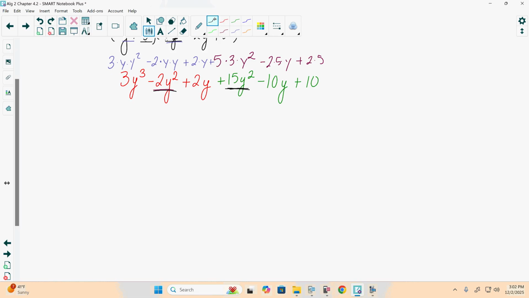Now at this point here, we're going to combine like terms. Well, 3y cubed is our only y cubed term. So it's going to be y cubed. At this point here, our 2y squared and 15y squared, negative 2 plus 15, is going to be plus 13y squared.